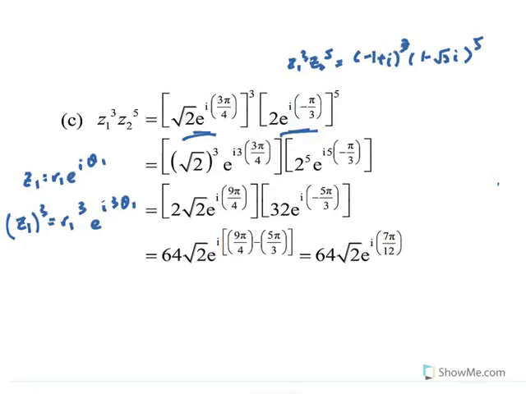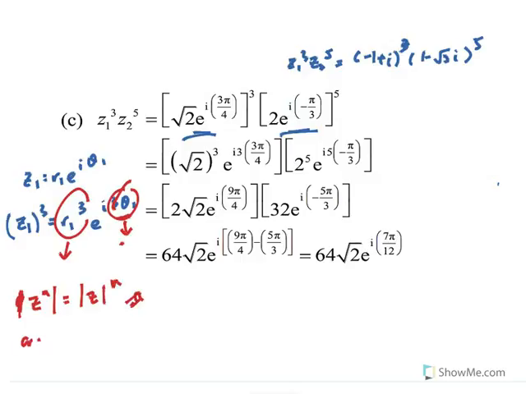So basically we just take the power of 3 of the modulus, and we sum the arguments. It will be so nice to do. In general, the modulus of z to the power of n is the same as the modulus of z to the power of n, and the argument of z to the power of n is n multiplied by the argument of z, or summing the argument of z n times.